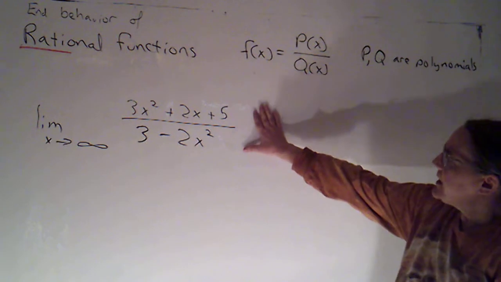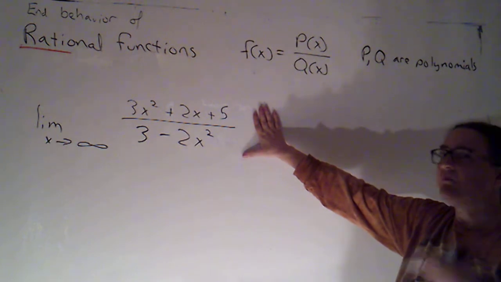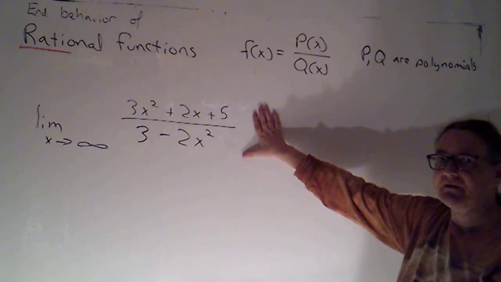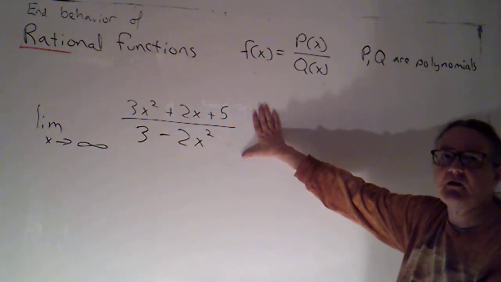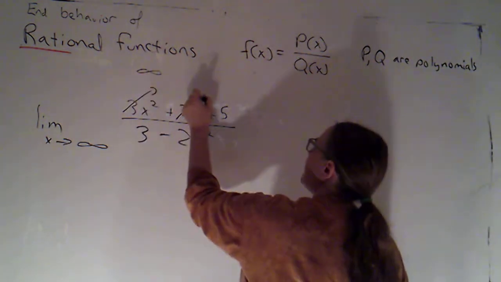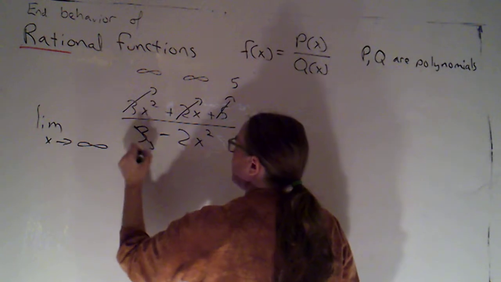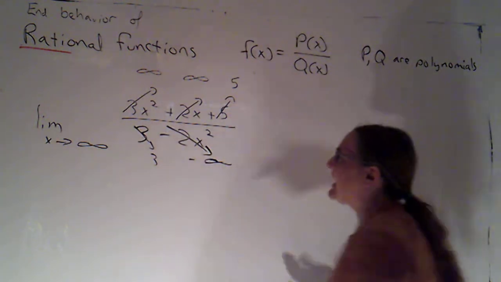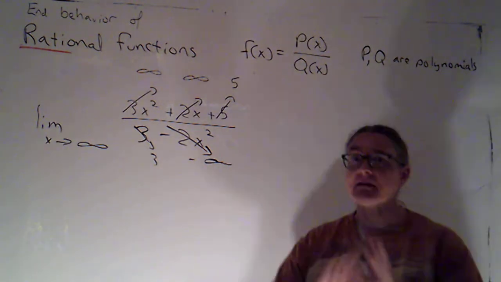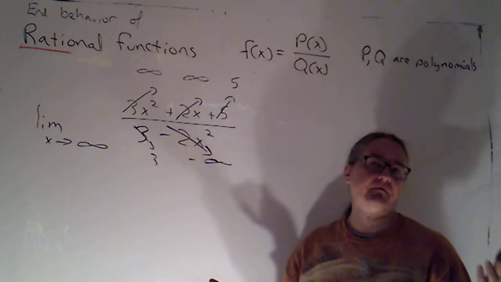Okay, now here's a situation where I've got a lot of individual pieces that are connected by arithmetic, but it's no good evaluating the limit of each piece and then combining the results, because most of these pieces are going to infinity or negative infinity. 3x squared is going to infinity. 2x is going to infinity. 5 is going to be very happy at 5. 3 is going to 3. Negative 2x squared is going to negative infinity. Infinity plus 5 divided by 3 minus infinity is a mathematical atrocity. Don't go there. We cannot do arithmetic with infinity.